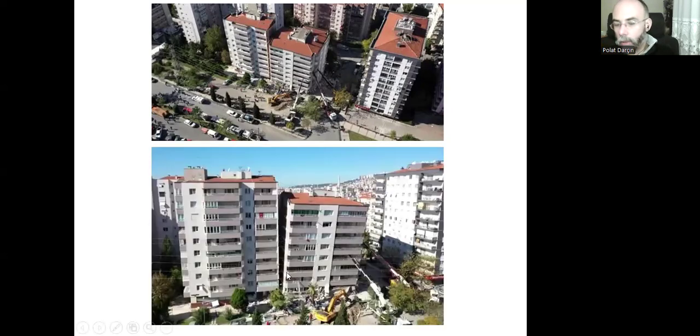If there was no seismic gap, this structural damage will probably cause this other building to be damaged as well. But with a correct structural gap, only that building is damaged and the other has been intact.